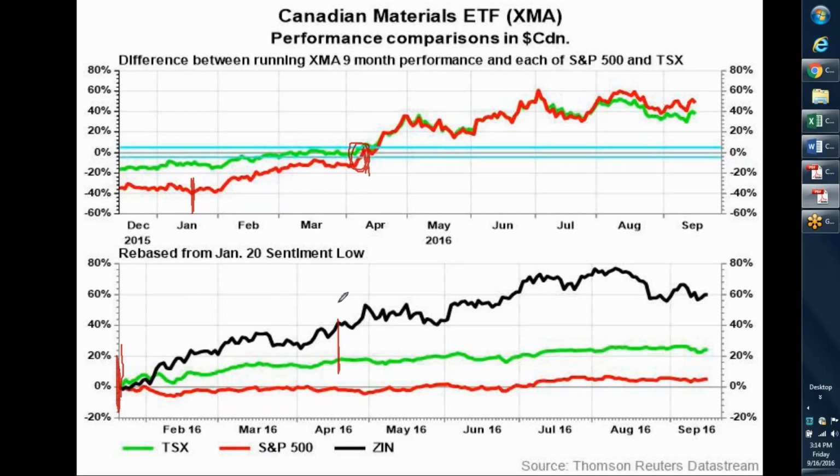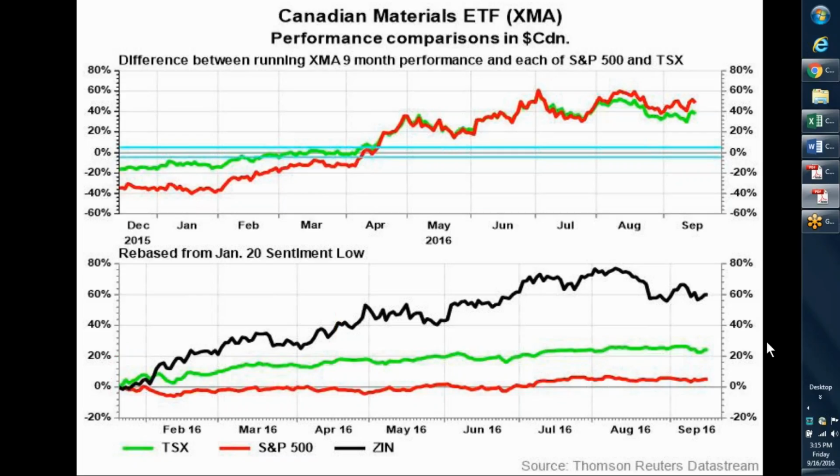So it wasn't until here that the performance measure, the materials versus these two markets, finally, on a 9-month basis, showed materials outperforming. But if you were looking earlier and saw this new leadership, you might have been in that much earlier.